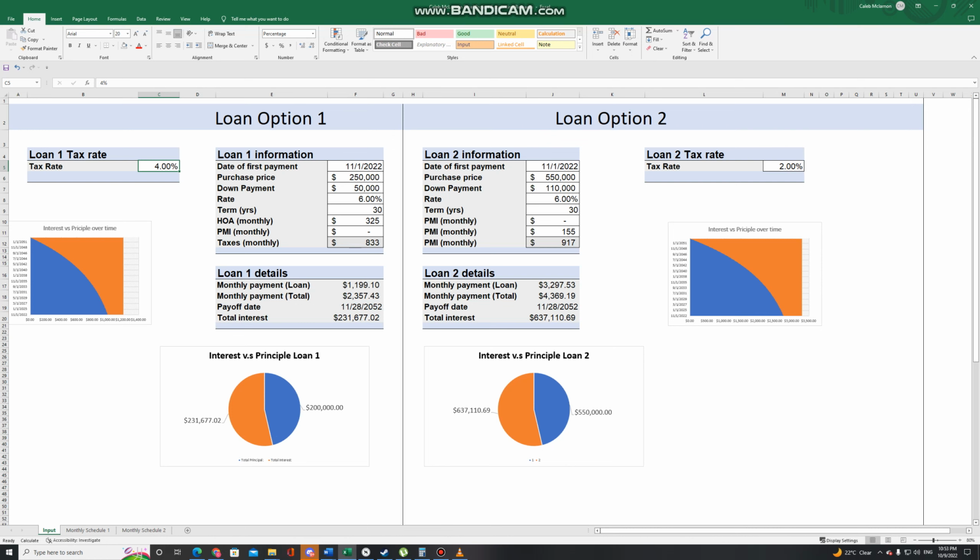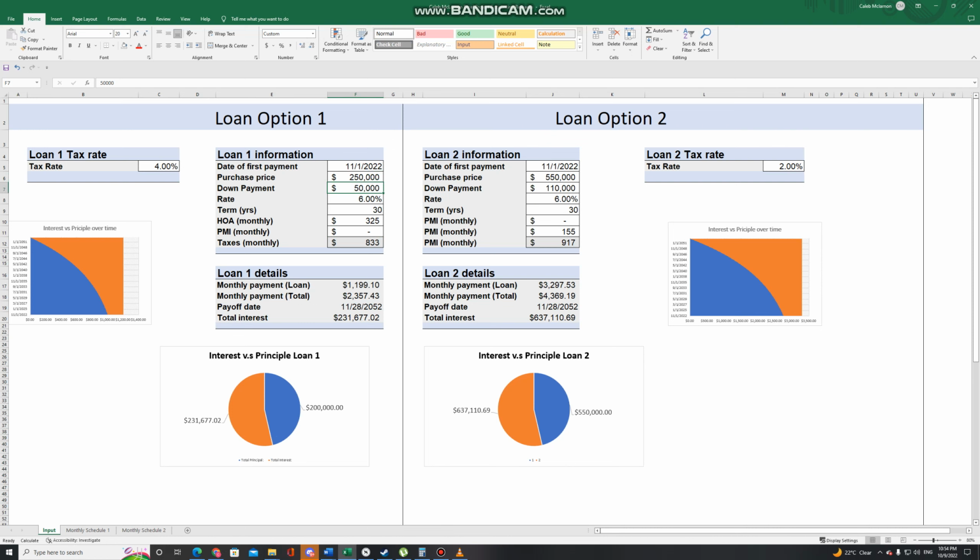That's kind of what you'd be looking at in the Dallas area, and more rural rates would be closer to 2%. So you input the rates here, and to get the taxes, it is multiplied by the purchase price, and then divided by 12 for the month. That is why it's not just the mortgage amount put here.